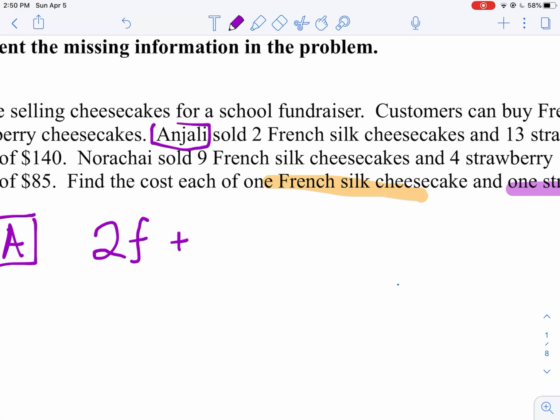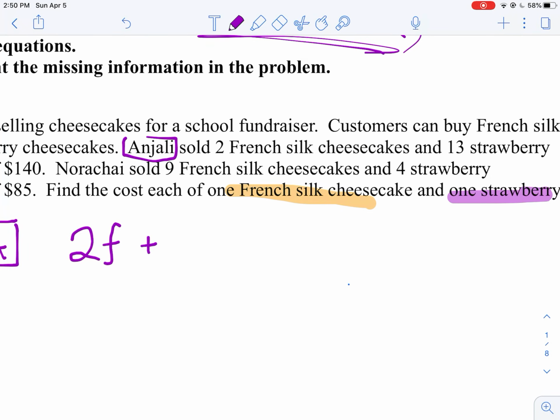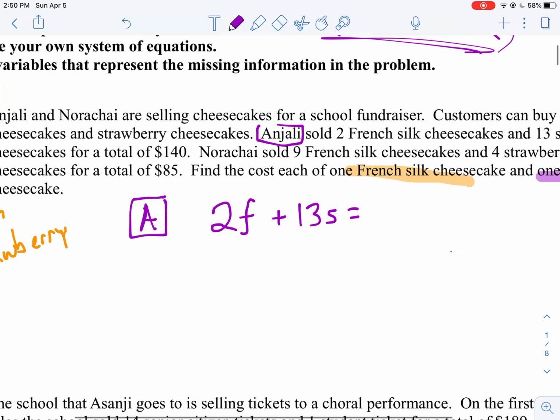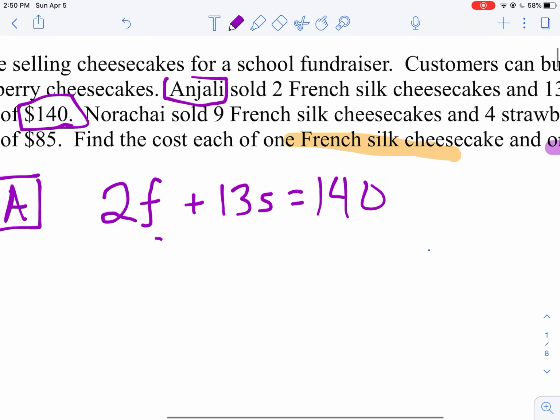So 2 French silk cheesecakes, and they sold 13 strawberry cheesecakes, and then we're going to get a price at the end here, for a total of $140. So 2 French silk and 13 strawberry sold for $140. That's our first equation in the system.